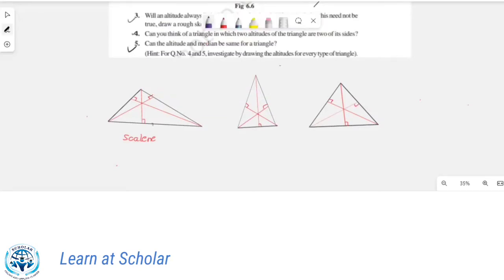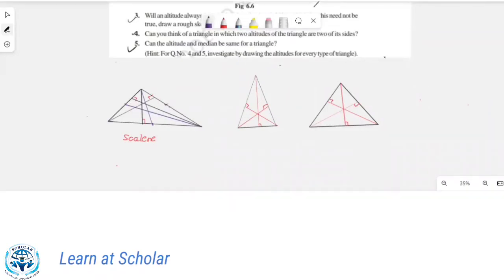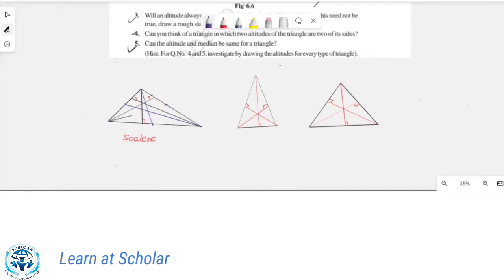Now the medians. Medians connect the midpoint and the vertex. These are the three medians. You can see in the scalene triangle, the medians and altitudes are all different. Now let's see in the second triangle, isosceles.